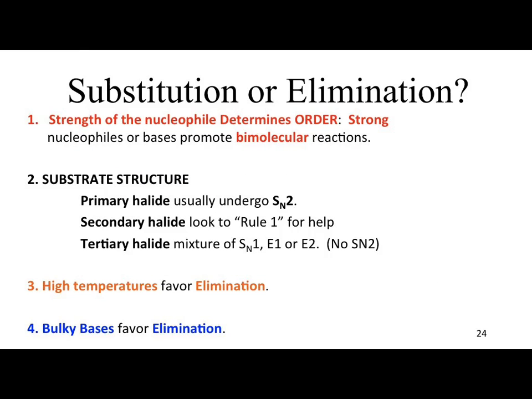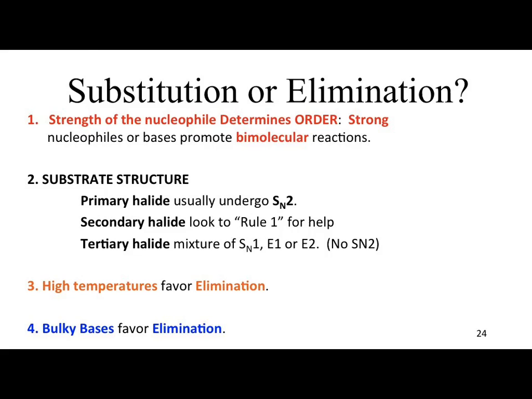Next piece you could look at is your substrate structure. Quickly, if you've got a primary halide, you're immediately jumping into the SN2 being the most likely mechanism. If you've got a secondary halide, you're going to hope something useful is happening in rule number 1. So going all the way back up here and saying, is there something useful there?